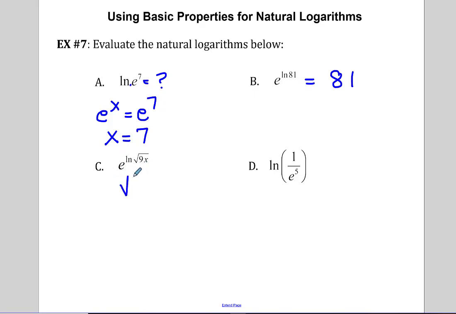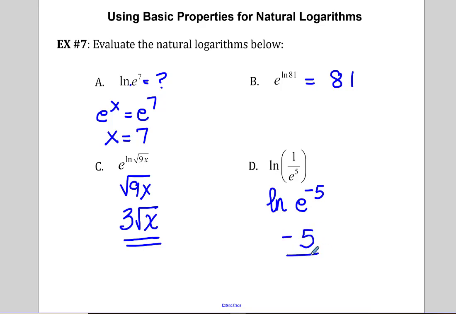So my answer is going to be square root of 9x, but we know the square root of 9 is 3. So we could say e to the natural log of radical 9x power is 3 times the square root of x. And in this case, if you rewrite natural log as e to the -5, then I know -5 is the result.